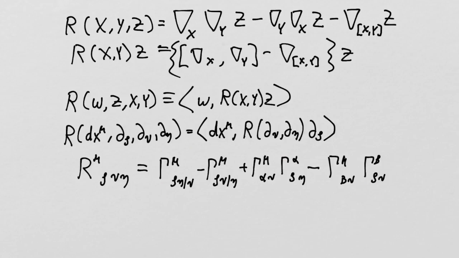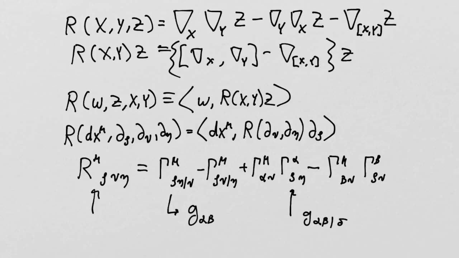Now in principle we could go a step further and take each of these connections and calculate them all in terms of the metric. So I would have to name the metric alpha beta. Now we know that the connection coefficient depends on the first derivatives of the metric.